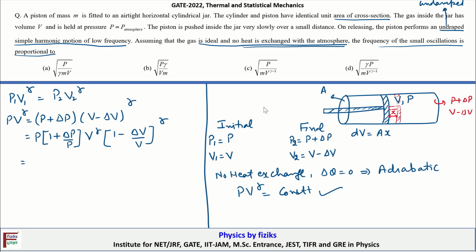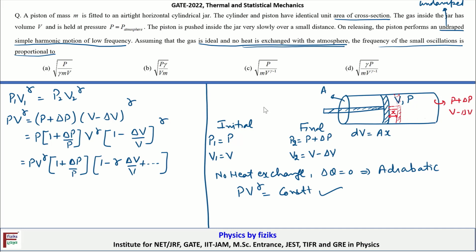This is further equal to PV to the power gamma, and inside the bracket 1 plus delta P by P, then 1 minus delta V by V to the power gamma, which we can rewrite as 1 minus gamma times delta V by V plus higher order terms. We neglect these because delta V is much smaller compared to capital V, so we can neglect higher order terms.